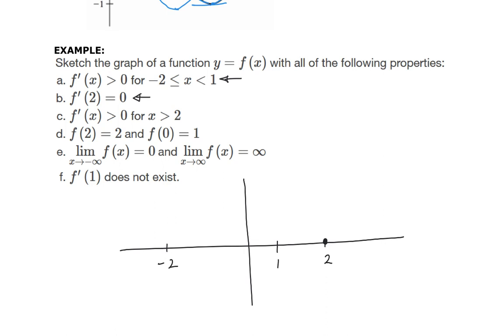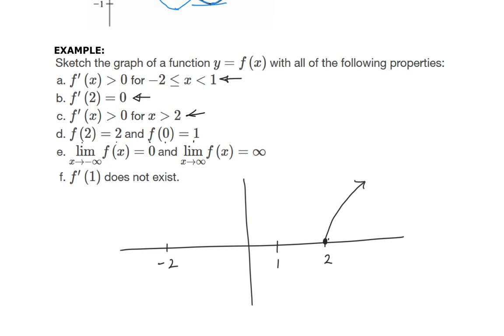For any value of x after 2, the derivative is greater than 0. So I must be above the x-axis somewhere. f of 2 is 2 and f of 0 is 1. The limit as x approaches negative infinity, its output goes to 0. So that's this kind of thing or this kind of thing. As x approaches infinity, my function is going to infinity, so that kind of looks like that's happening there.